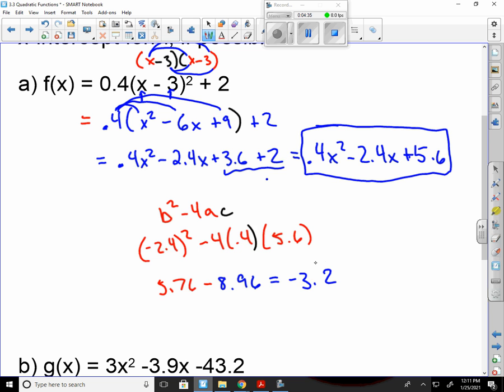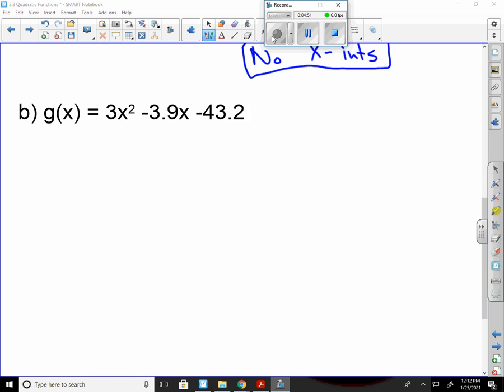Since this is negative, it means that there are no x-intercepts. So it's not possible to put this one in x-intercept form since no x-intercepts exist.